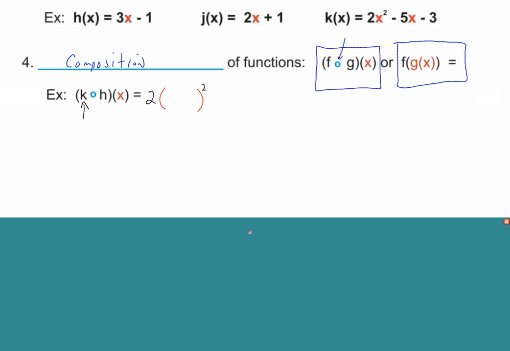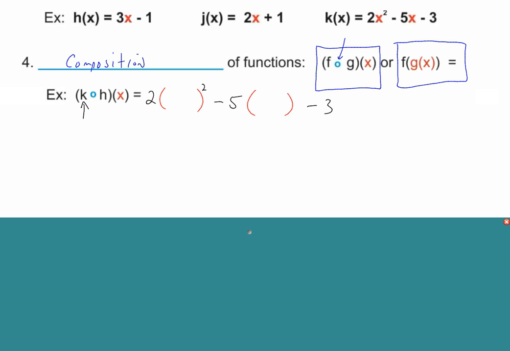So 2 parentheses squared, minus 5 parentheses for the x, and then back to my black, minus 3. So there's the k function, the first one that's listed. And wherever the variable was, I left parentheses.